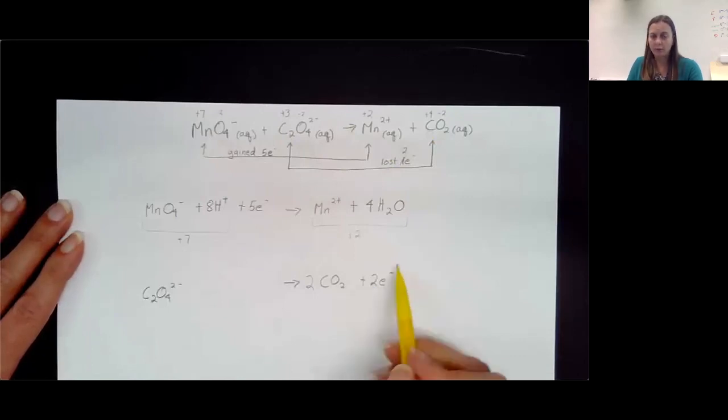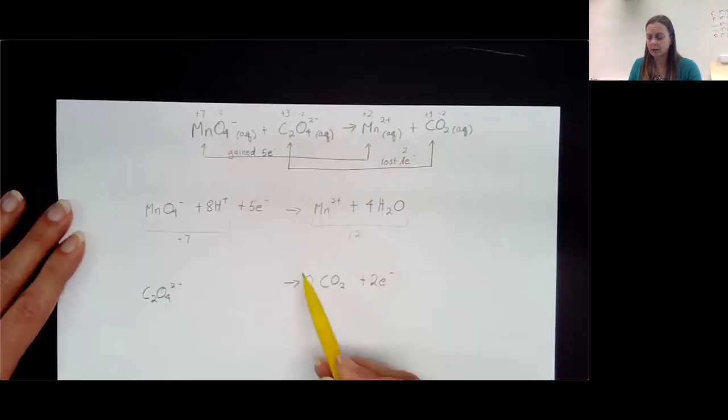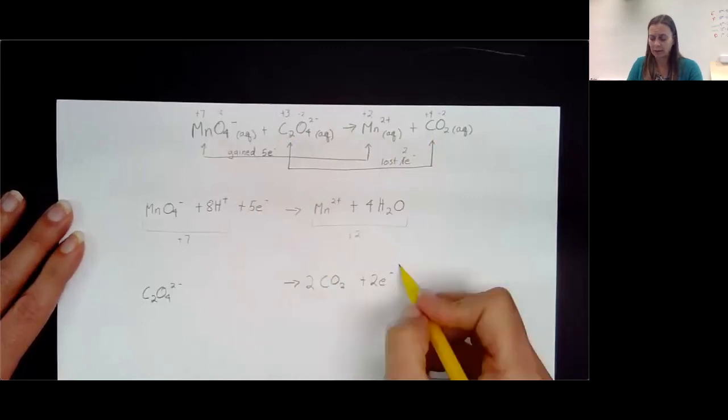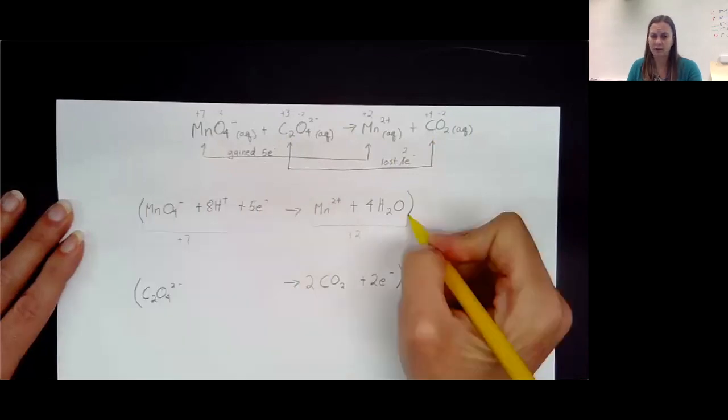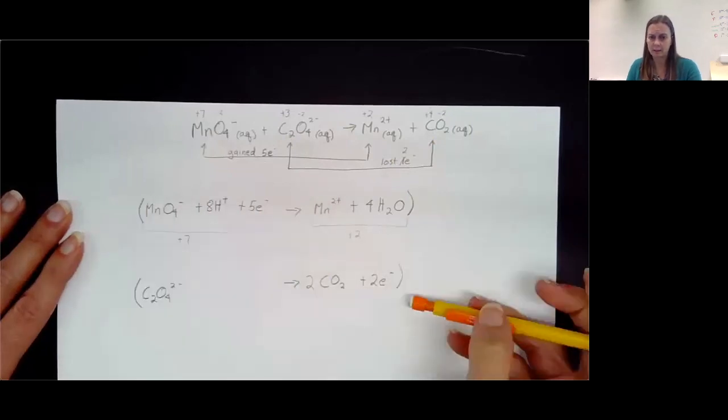Now, before I can combine these reactions, I need to make sure that I have gained the same number of electrons that I've lost. So I'm going to multiply both of these equations by an integer in order to get the number of electrons lost and gained to the same place.